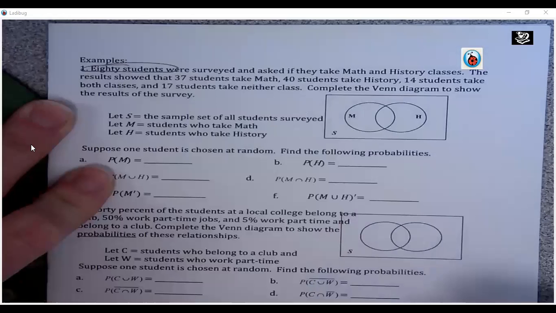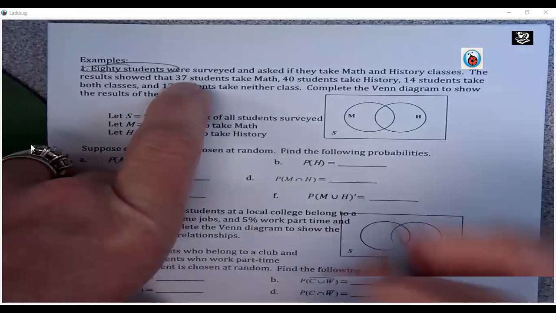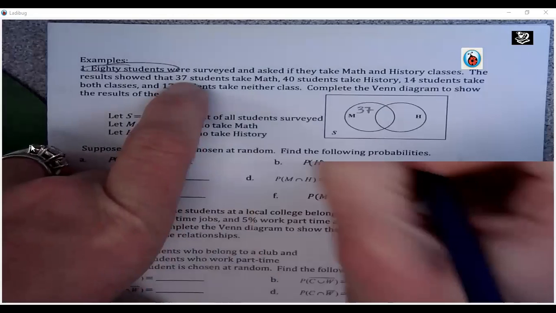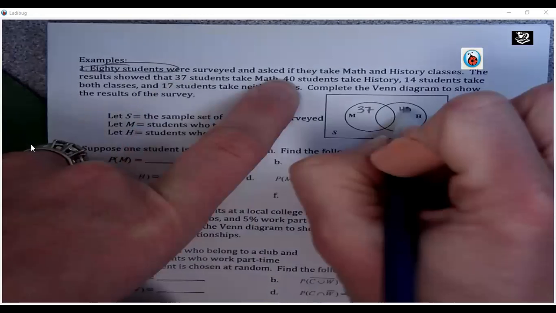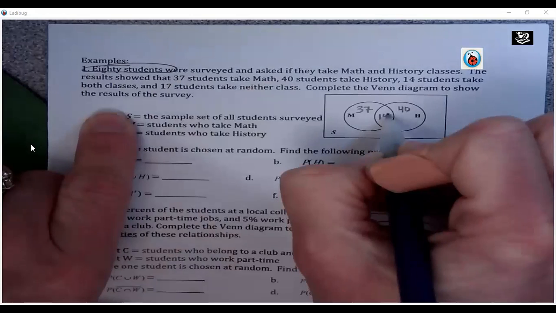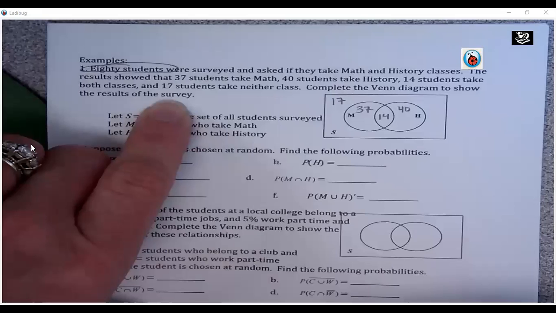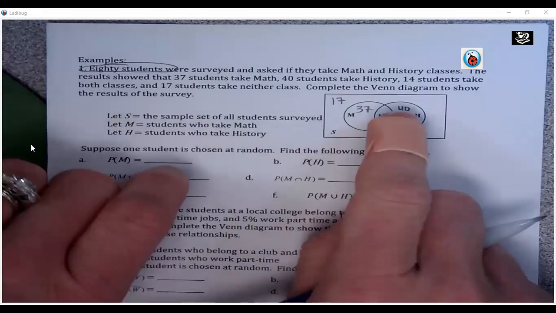Okay, I'm going to say that 37 students take math. I'm doing this in pencil right now because I'm going to double check that everything works out. 40 students take history, 14 students take both, and 17 take neither class. If I add these all up, what do I get when I add these numbers up?